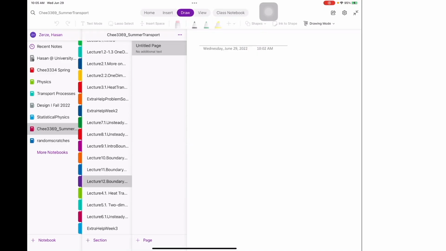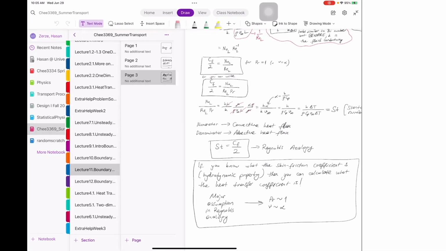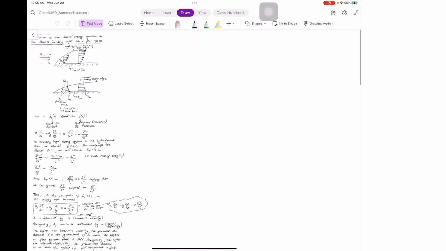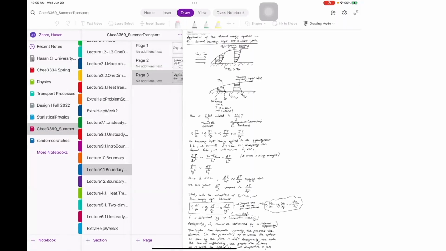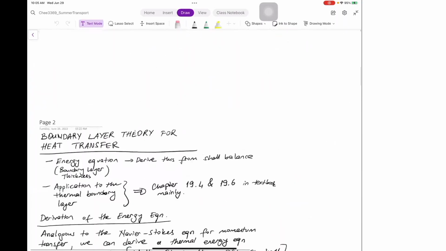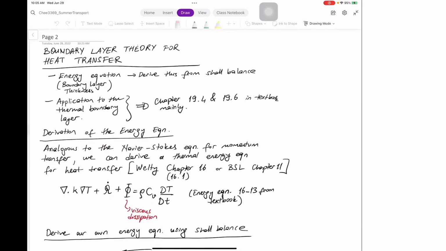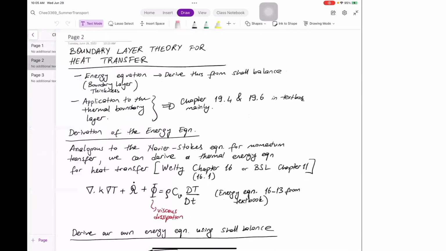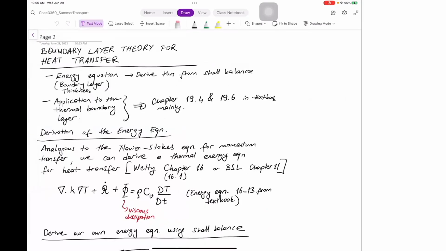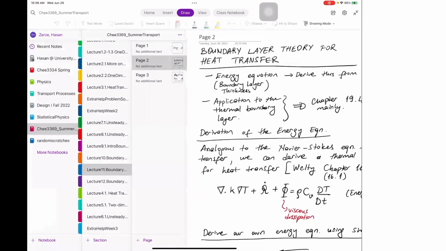And let me see whether I actually told you which chapter or the section number it corresponds to in the textbook. Yeah, I told you which chapters we are dealing with, right? Okay, good. Again, chapter 19.4, 19.6.